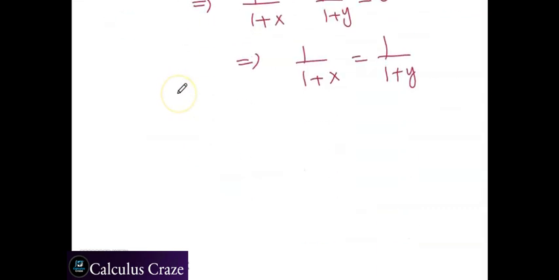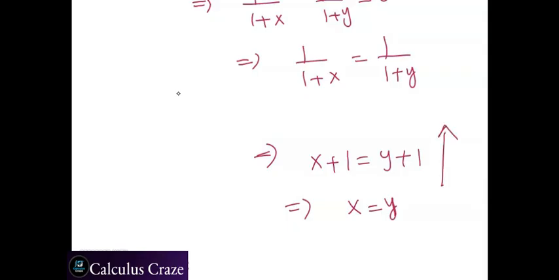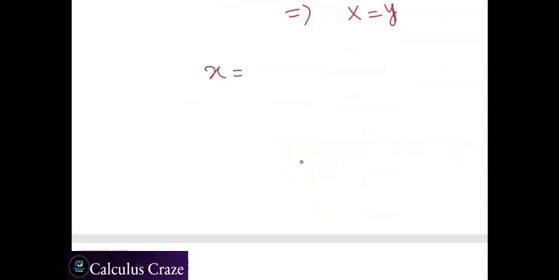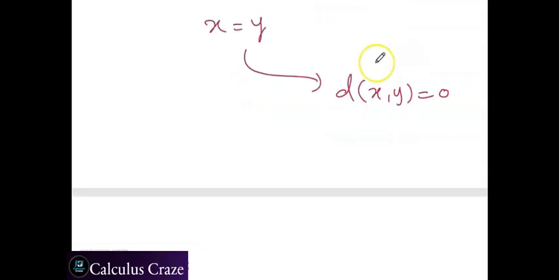And that will again give you x plus 1 equal to y plus 1, which will give you x equal to y. And I think you can proceed backward as well. If you assume x equal to y and then you add 1 on both sides, you can reach this destination, this is not a big deal. So you will do this.